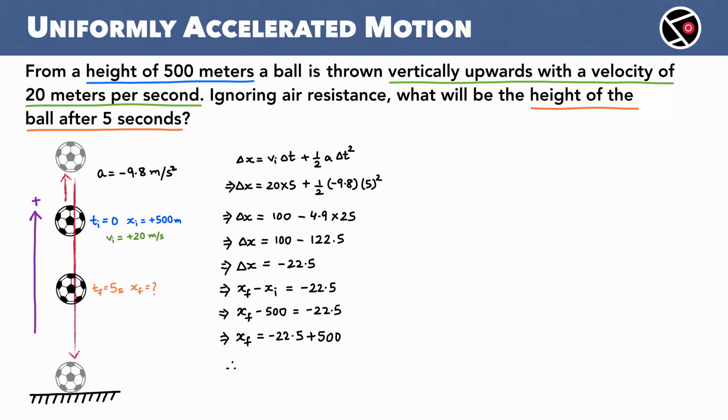And we get xf equal to 477.5 meters. This is a positive quantity. Positive result indicates upward direction. The ball's final position is 477.5 meters above the ground.